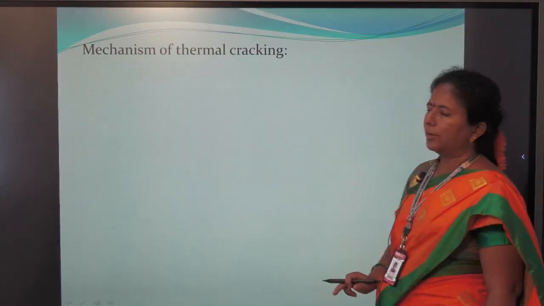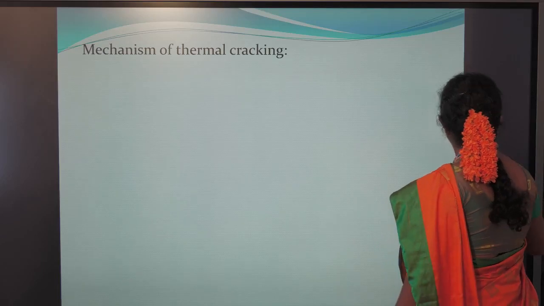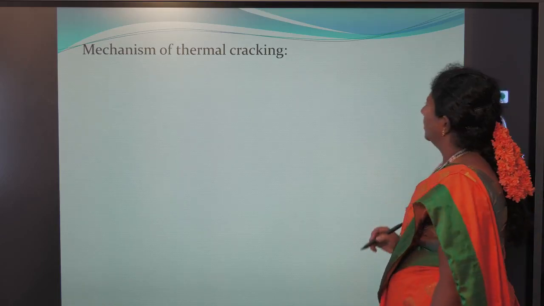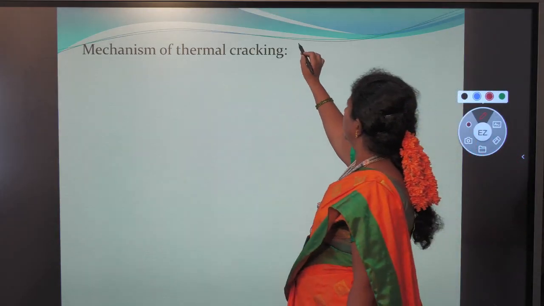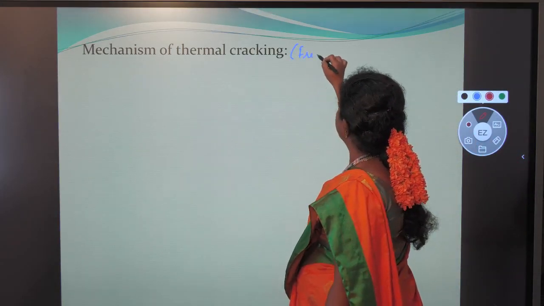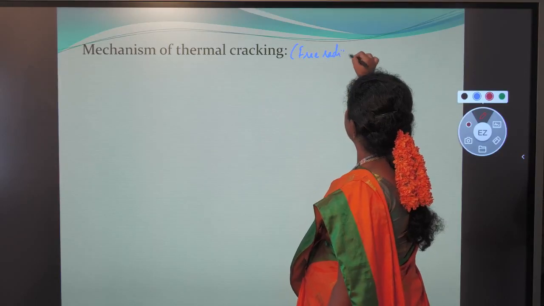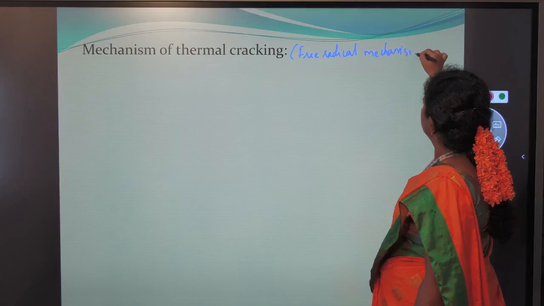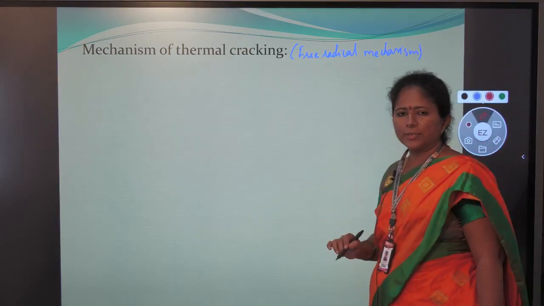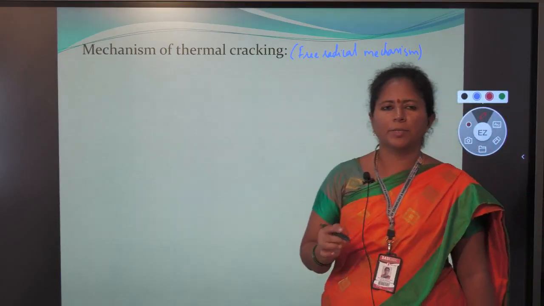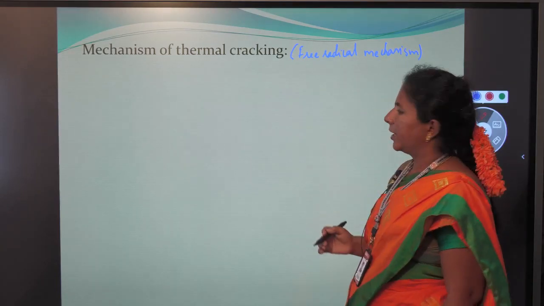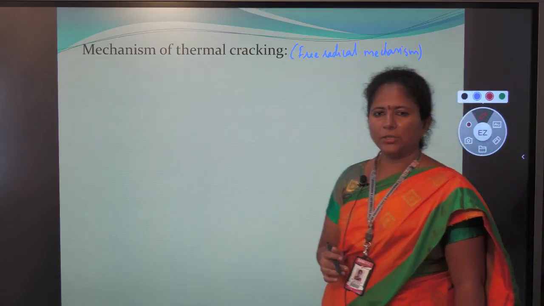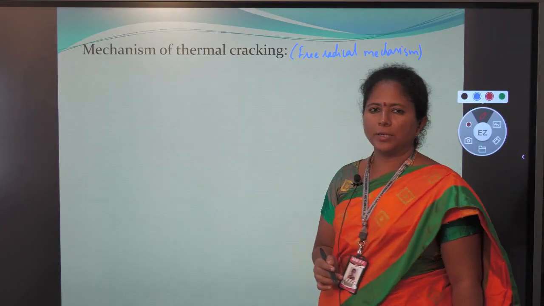Now, coming to the mechanism of thermal cracking. The mechanism of thermal cracking is explained as the free radical mechanism. As we have already discussed free radical mechanism in the polymerization process, it takes place in three stages: initiation, propagation and termination.